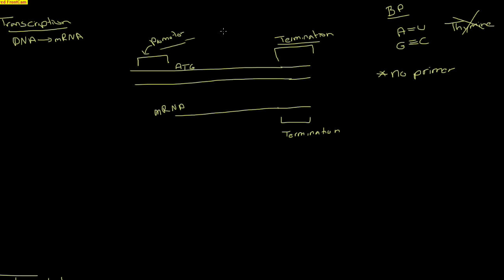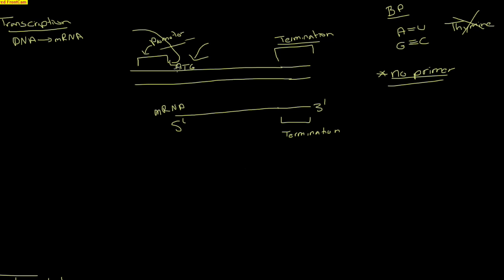So basically the RNA polymerase is going to come here, and this does not require a primer. It's really important. It's going to come by here. It's still going to replicate from the 5' to 3'. The promoter region tells the RNA polymerase where to bind.